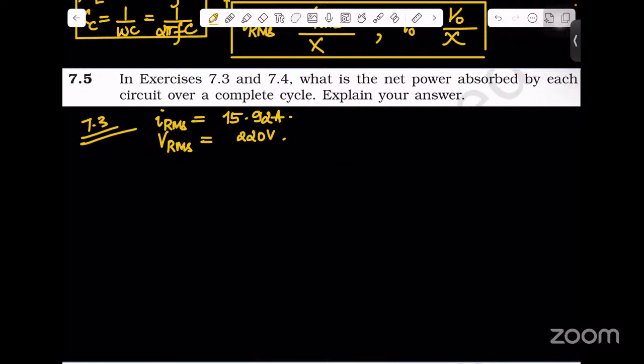and the net power consumed is VI cos phi, right?